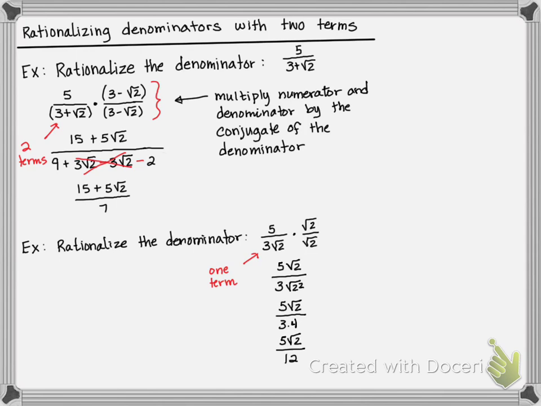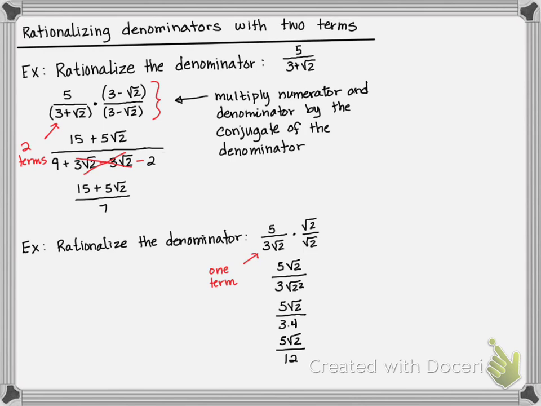So if I had the 5, multiplied by another, like 3 over 4 plus the square root of 2, then you have to add them all together, right? If there's 2 terms in the denominator, you always use the conjugate of the denominator, regardless of what the numerator is.